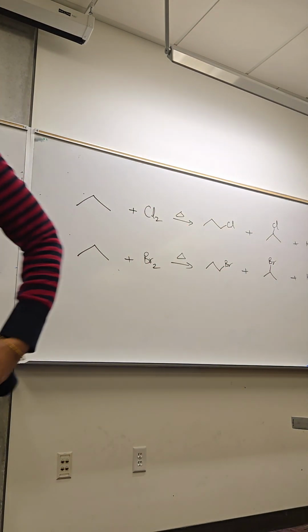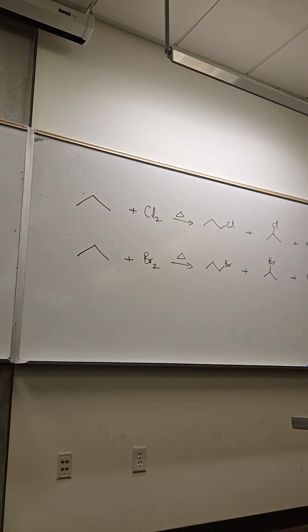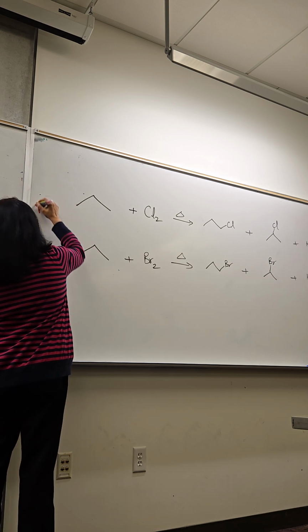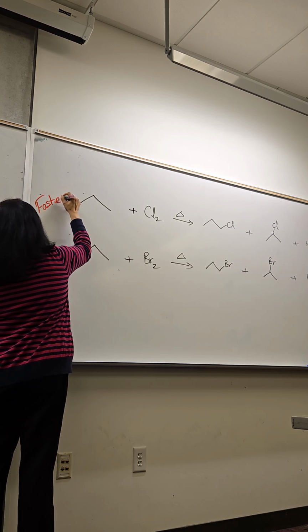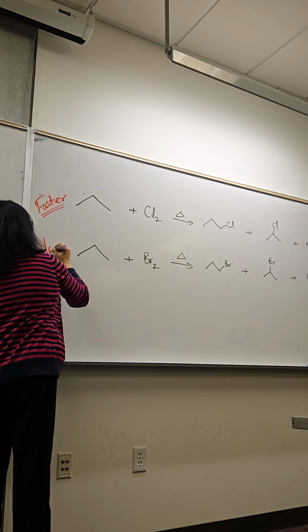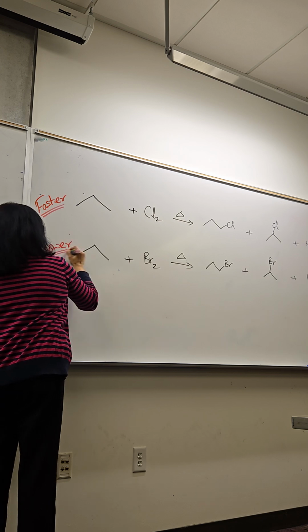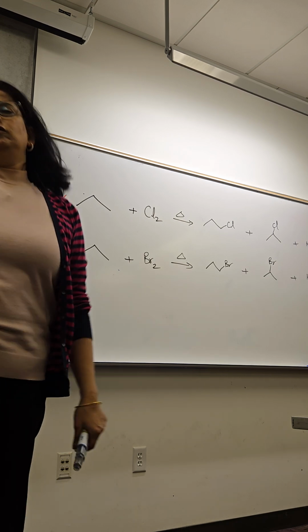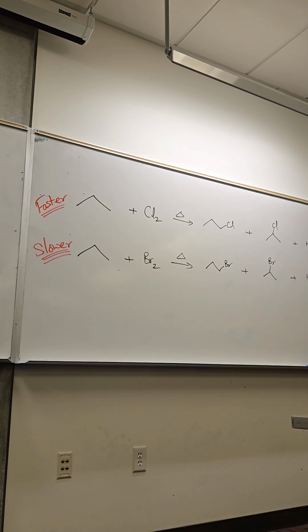Chlorination versus bromination. Reacting with chlorine versus reacting with bromine. Now, reacting with chlorine is faster. The rate of reaction, the kinetics, is faster than bromination. And because of that, we see exactly what you said earlier, Eric.